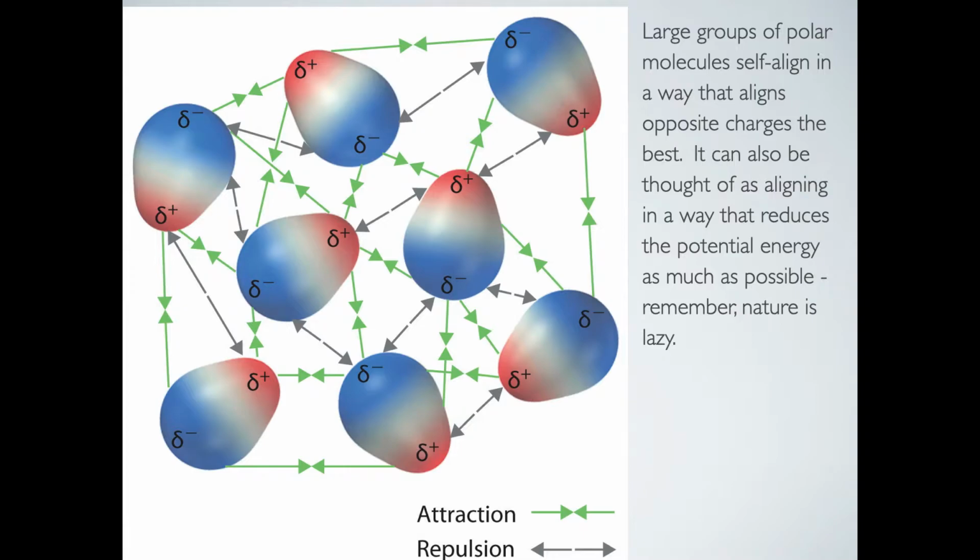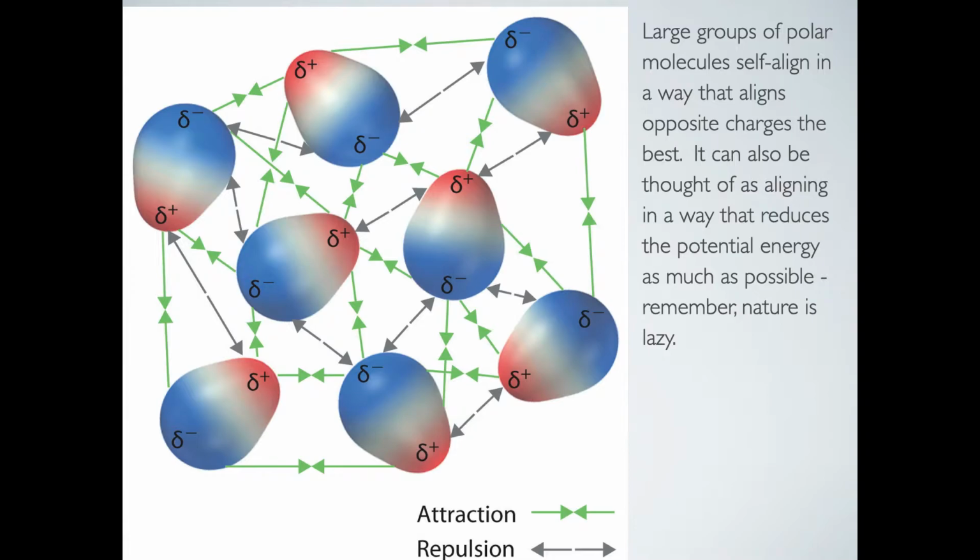Anyway, so when you get a large group of polar molecules together, they kind of self-align where they're maximizing the attractive force, but also there's a repulsive force between like charges too. And it's about a balance between them, okay? And that balance, that alignment is a way to reduce potential energy, okay?